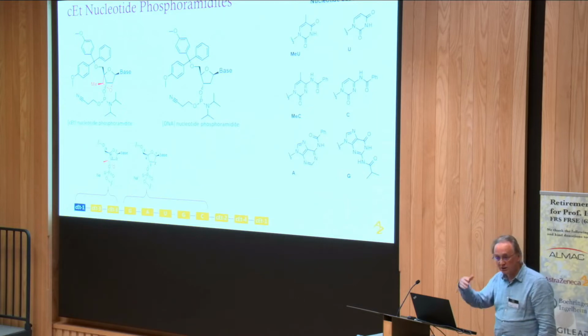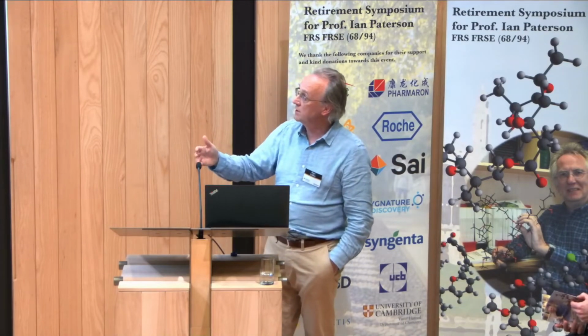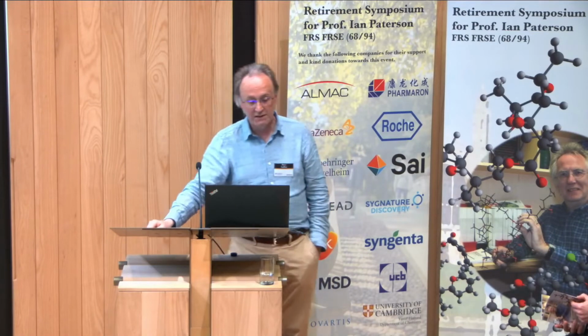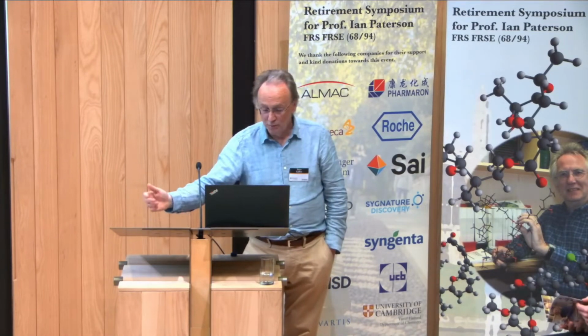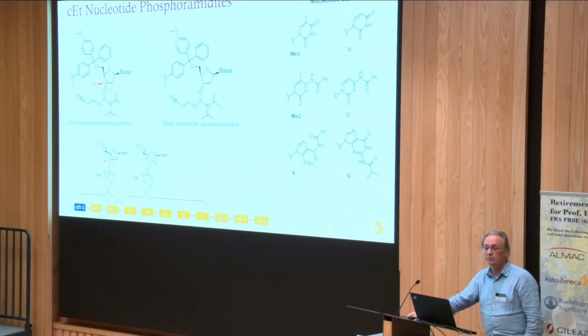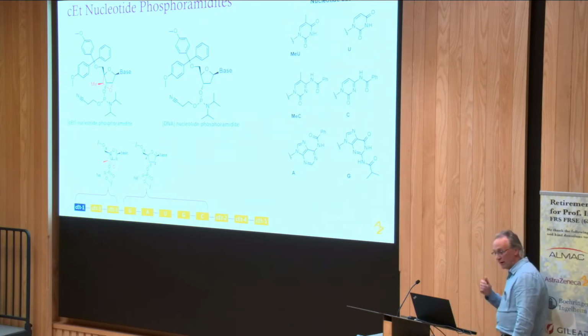And in order to go through that standard assembly, we need both of those with all 6 protected bases on there. Obviously, the DNA phosphoramidites are readily available, but all the C-et phosphoramidites, we have to make.